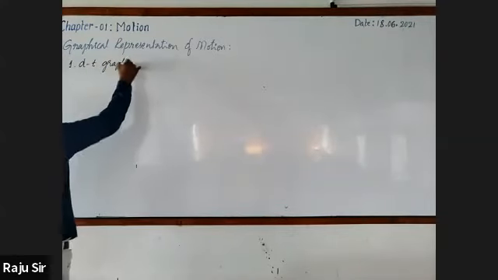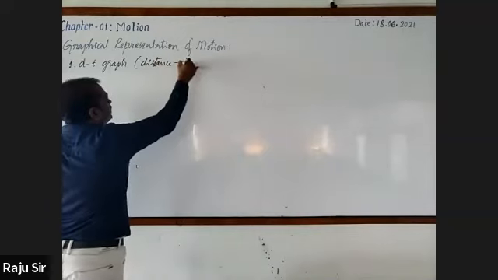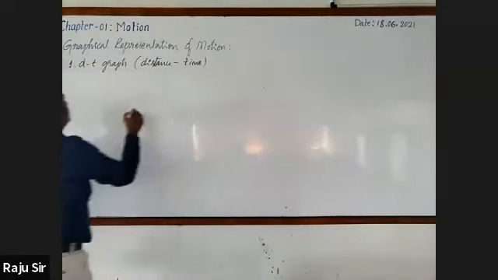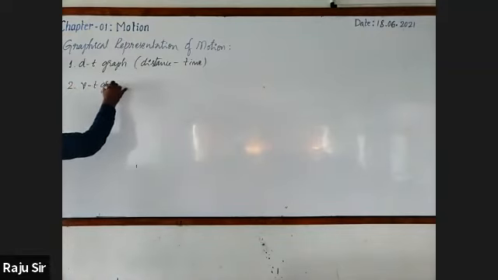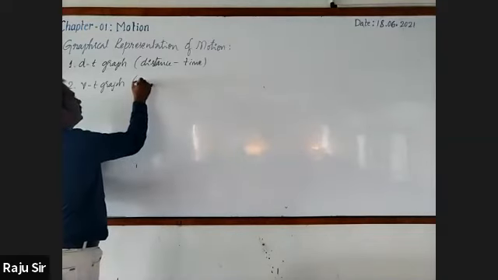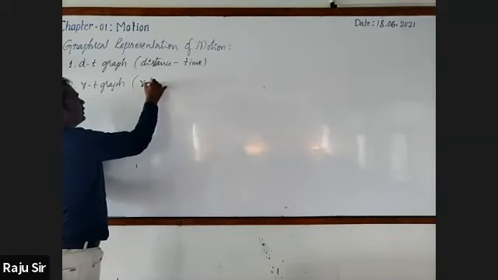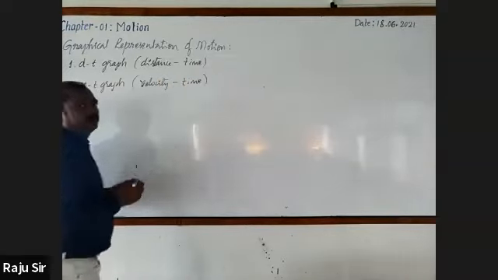In brackets you may write distance time graph. Second one, VT graph. It is velocity time graph.